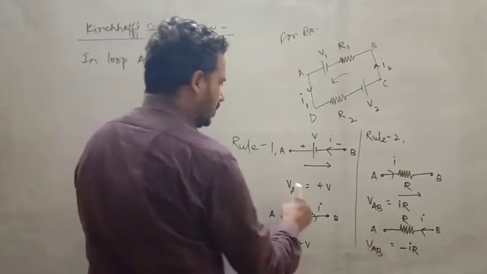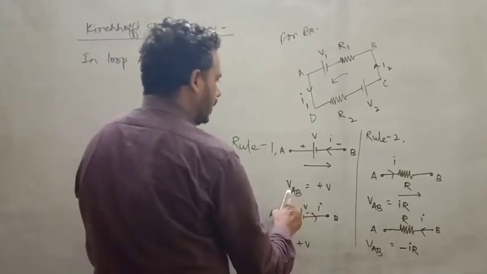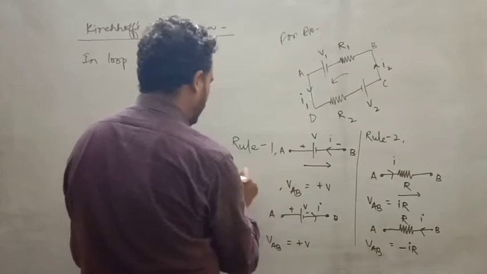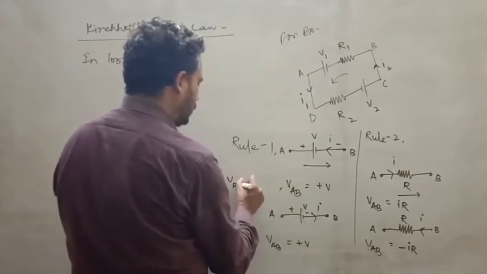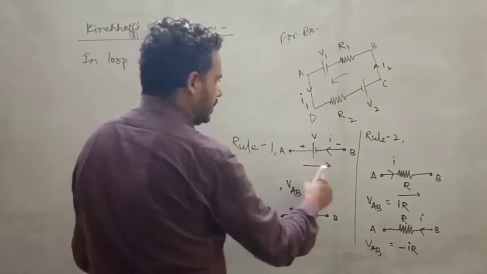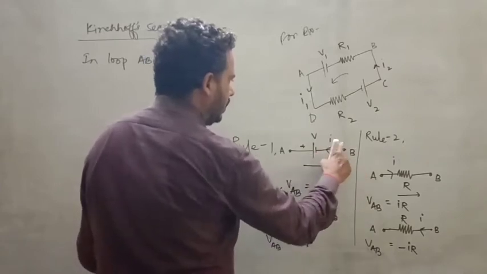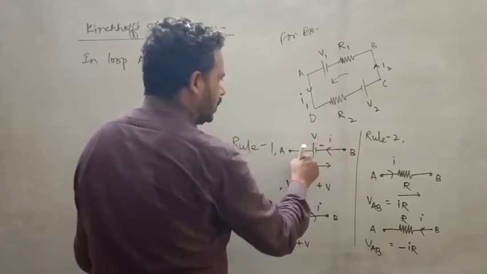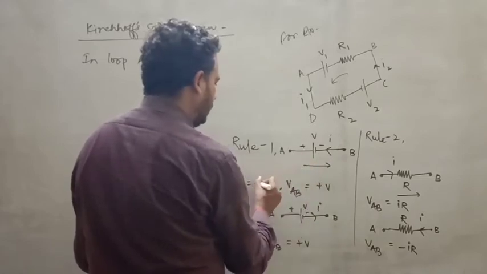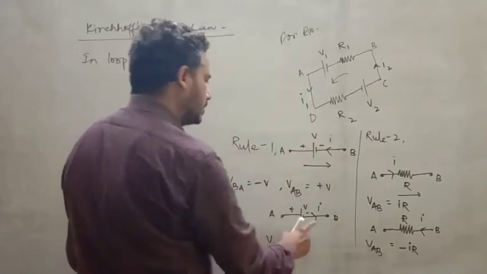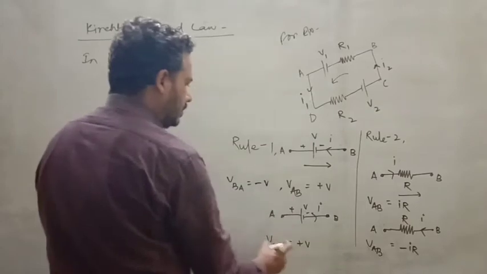Now suppose you are going from B to A, like that. If you want to go from B to A in this diagram, that means you are entering from lower potential to higher potential, so at that time that would be negative. The same thing is here also.